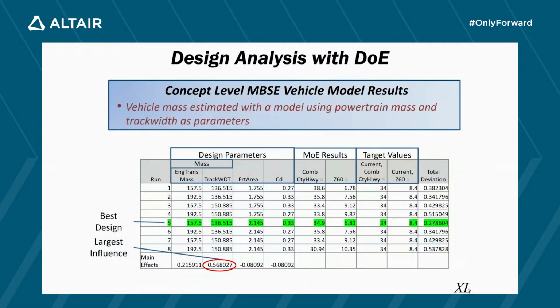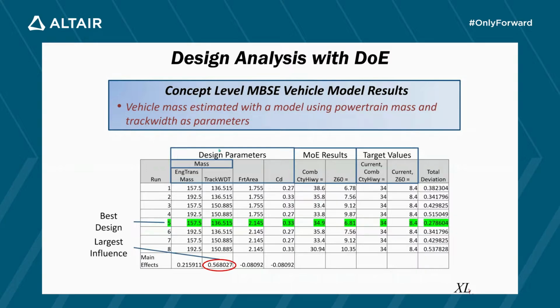Just bear in mind that in this particular case, we estimated vehicle mass using a model that uses powertrain mass and track width to estimate the overall vehicle mass. There are different mass models for different classes of vehicles. In any case, mass gets substituted with powertrain mass and track width as a parameter.